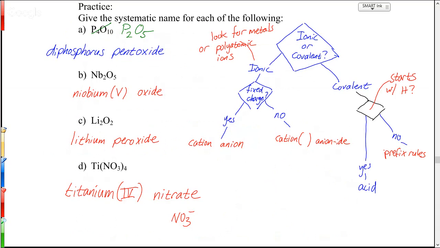Where can I find the sheet that has the polyatomic ions? It's right in the notes. I put them in the notes today. It's also in the book, there's a table in the book. You can also just look up polyatomic ions, and I'm sure there's a lot of stuff out there.